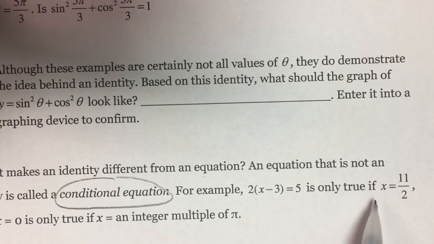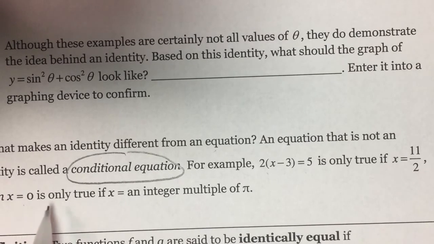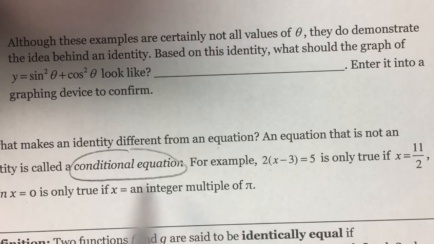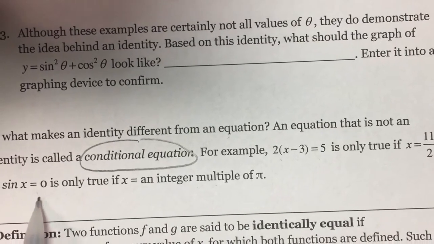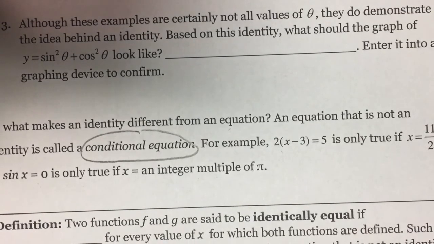It is only true if x is equal to 11 over 2. Sine x equals 0 is a conditional equation because it's only true if x is an integer multiple of pi. So it's true if x is 0 or pi or 2 pi or 3 pi or 4 pi. Those are conditional equations.